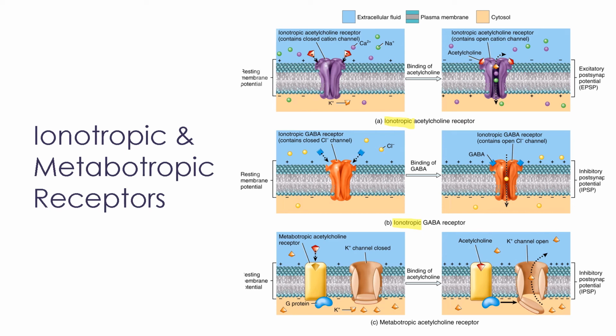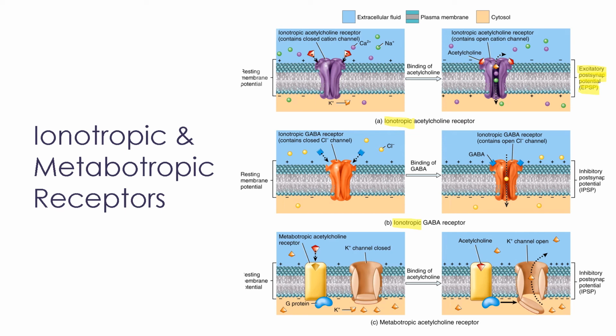Now, many excitatory neurotransmitters will bind to ionotropic receptors that contain cation channels. Remember that EPSPs will result from opening these ion channels. Our top one here is going to be the excitatory postsynaptic potential.